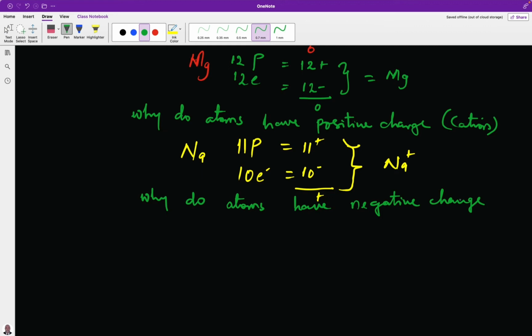If they have a negative charge, the difference is clear. It's because they have more electrons than protons.